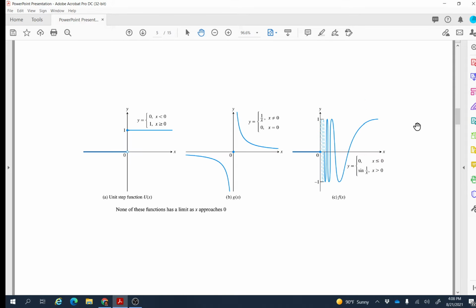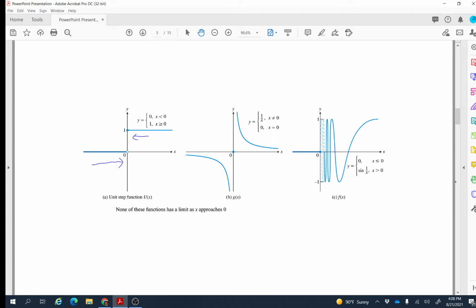Sometimes you might have a situation where the limit is not possible. Look at the first graph here. When x approaches 0 from the left side, the value is approaching 0, but from the right side, the value is approaching 1.